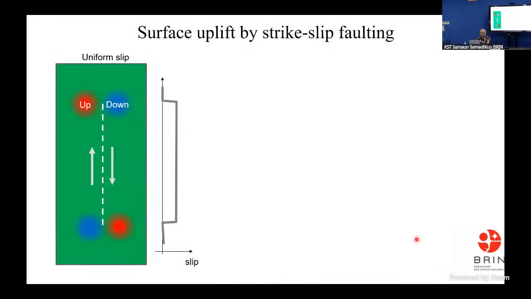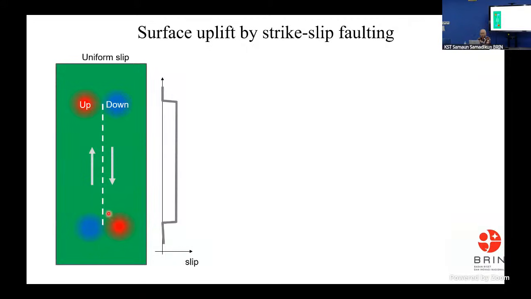And this is a typical surface uplift by a strike slip earthquake. If it is uniform, then you will see the uplift here and at the other end. And uplift causes a peak in the acoustic wave.